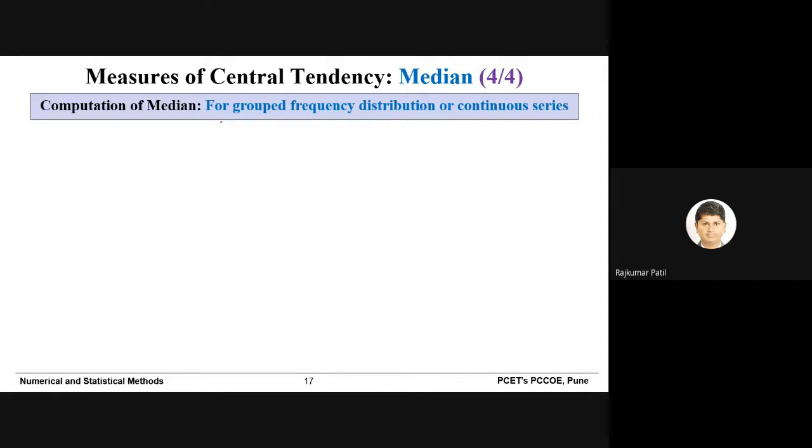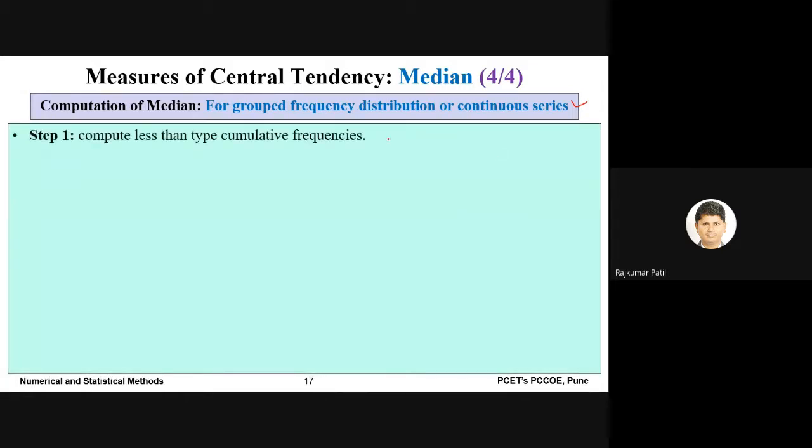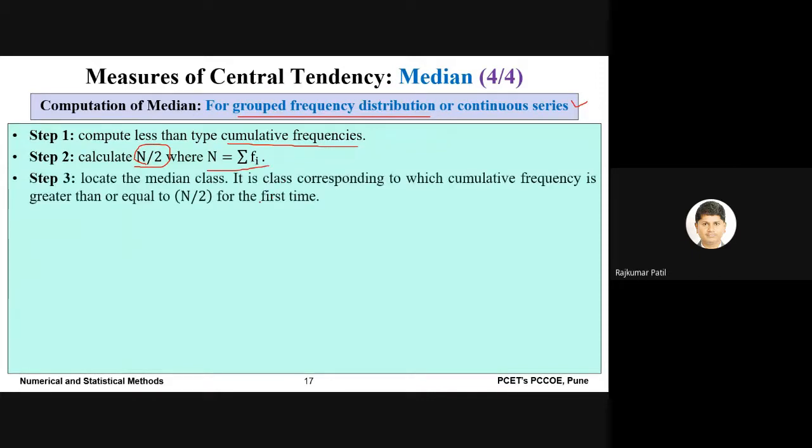Again, for grouped frequency distribution or continuous series, in the previous slide I didn't take an example. Here also I may not take an example, but we will take one general example where you will understand mathematically how it works. When a grouped frequency distribution is there, compute less than cumulative frequencies, then calculate n by 2, where n is equal to the summation of fi.